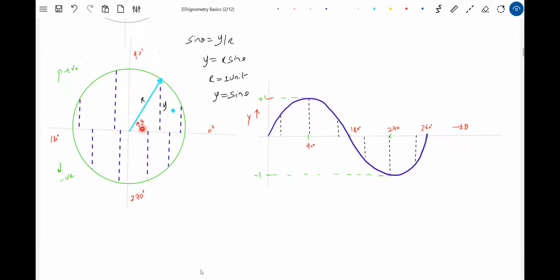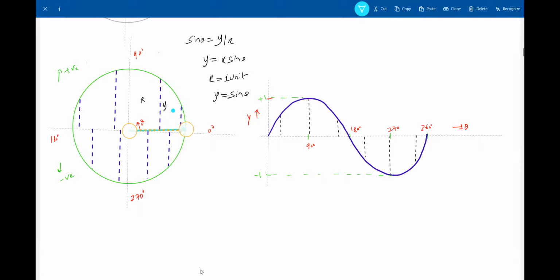Able to analyze? So as you rotate this particular line, the height of the triangle is going to vary. How that height varies with theta is what we are representing in that particular curve. That is what we call the sine curve.